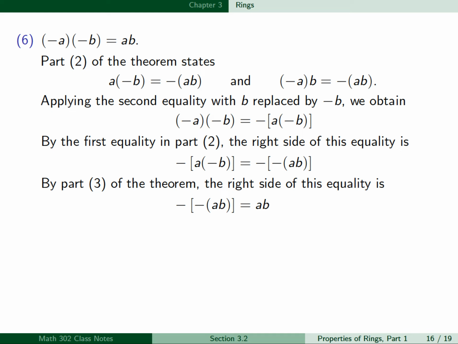Okay, so going back to our first equation, we have minus a times minus b on the left side, and that's equal to the left side of our second equation, which is then equal to the right side of our third equation. So following the chain of equalities, we obtain minus a times minus b is equal to ab, as required.